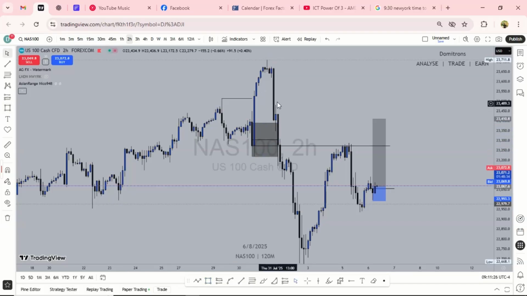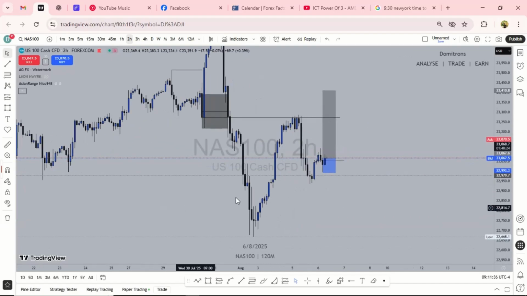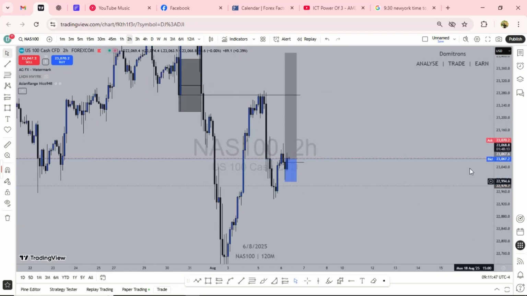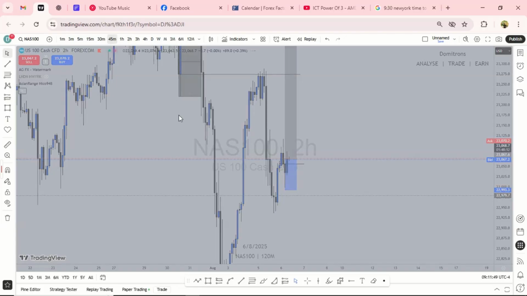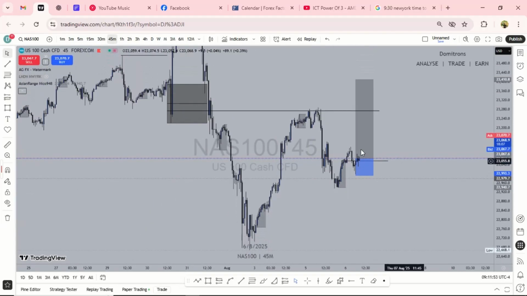So with an impulsive violation of the demand zone, price will test that candle low and then sell. Now as it tested it with a high, it will finally have a low. There was no structural shift done. All right, so that doesn't confirm that I will be looking for a short position on the Nasdaq.